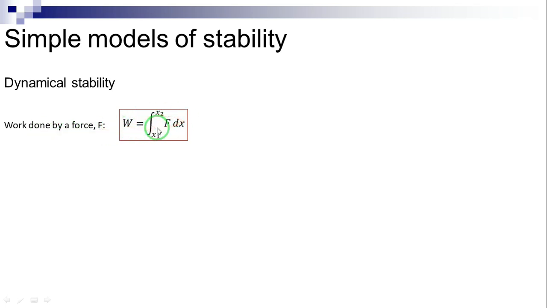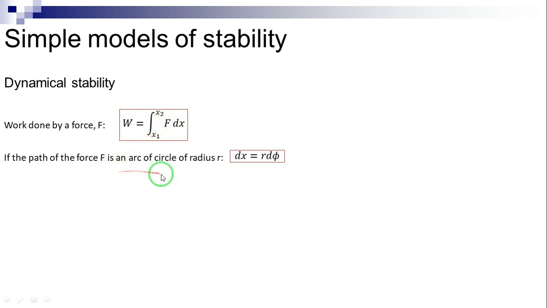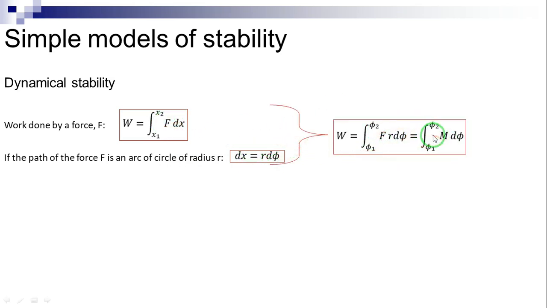If the path of the force F is an arc of a circle of radius r, the length of the arc subtending an angle d phi is dx equals r d phi. Substituting into the above equation, we get this equation. Here m is the moment.